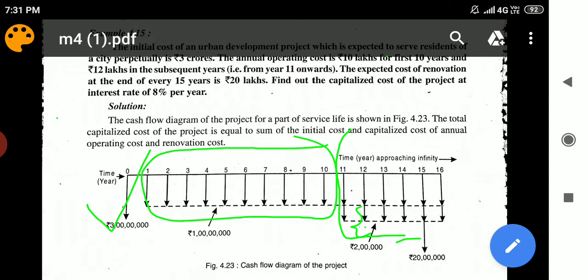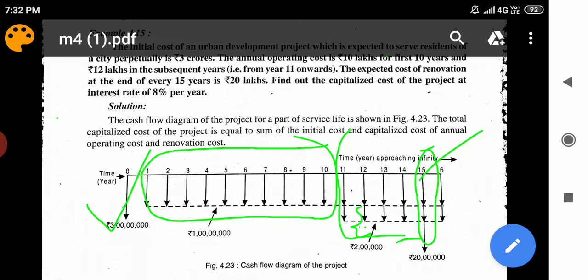is the expense. Okay, the expected renovation is at the end of the year. So at the end of the year, there is again some more operating expense, that is 20 lakh.